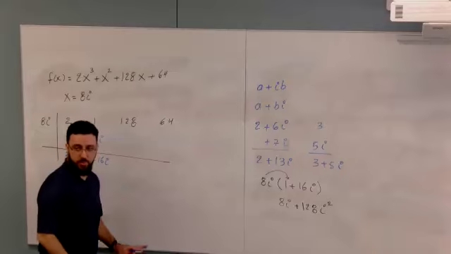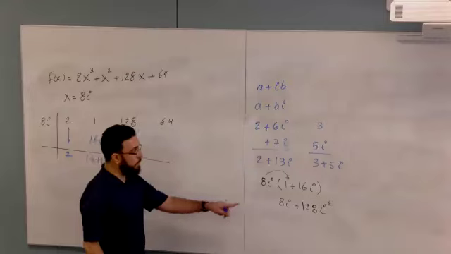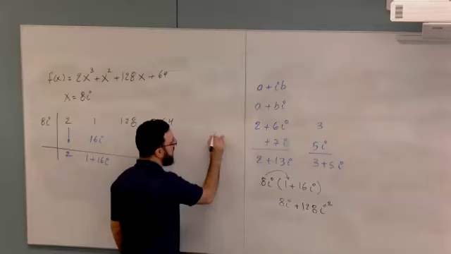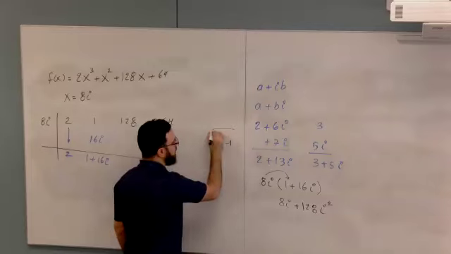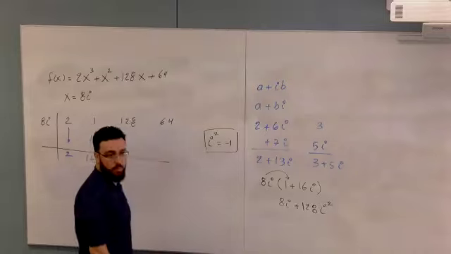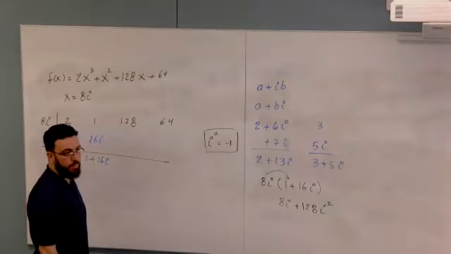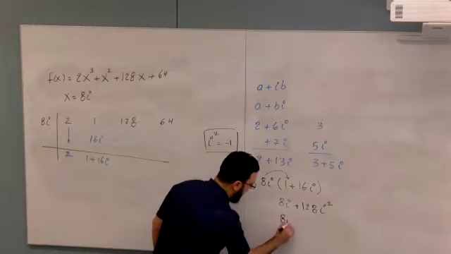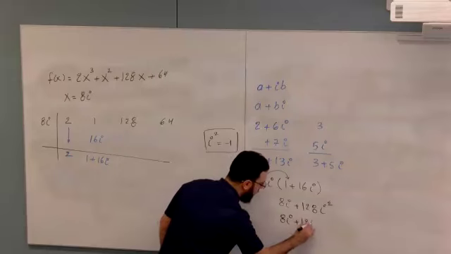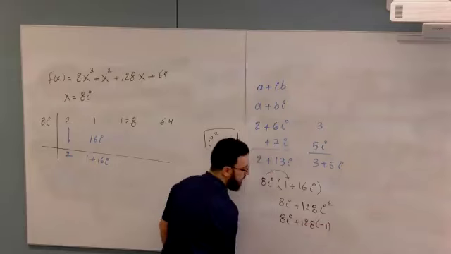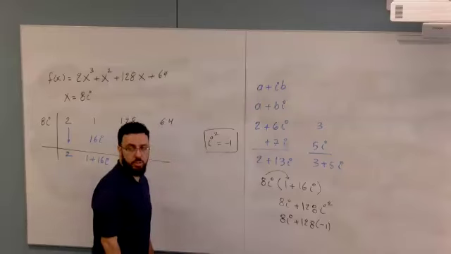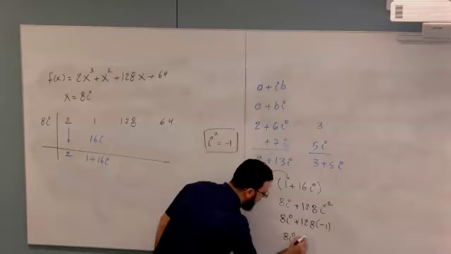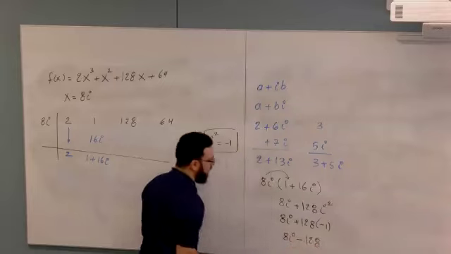Is that okay so far? Now, keep in your mind with the complex number, every time you see i squared, it is the same as negative 1. Okay? So now here it's 8i plus 128 times what? Multiply by negative 1. So the result is going to be 8i minus 128.